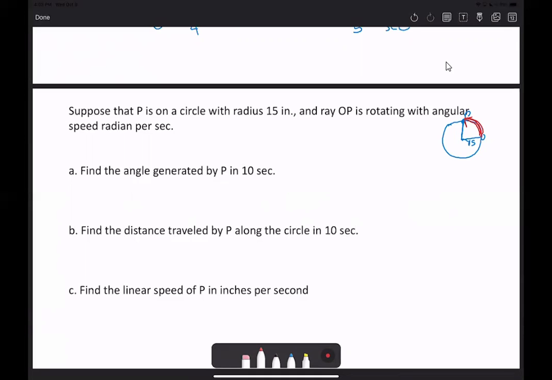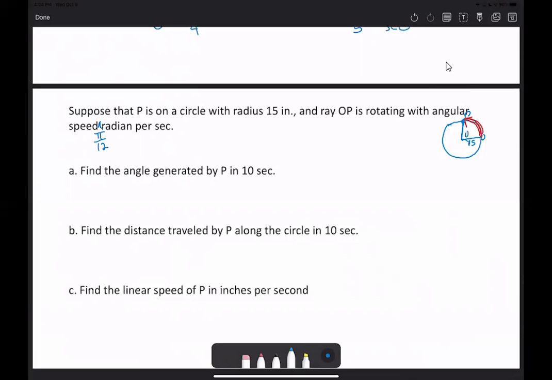So let's identify what we have. I just realized that this was left off. The angular speed should be pi over 12 radian per second. It says find the angle generated by P in 10 seconds.